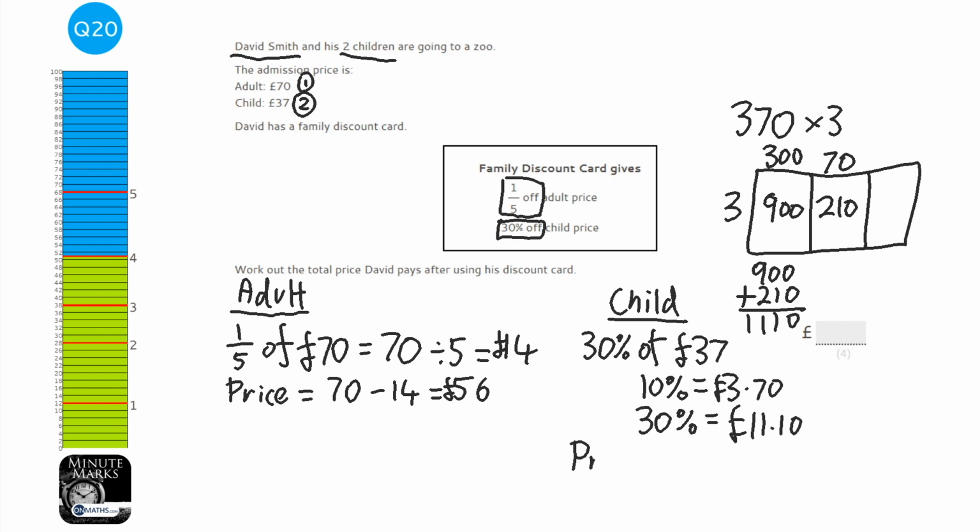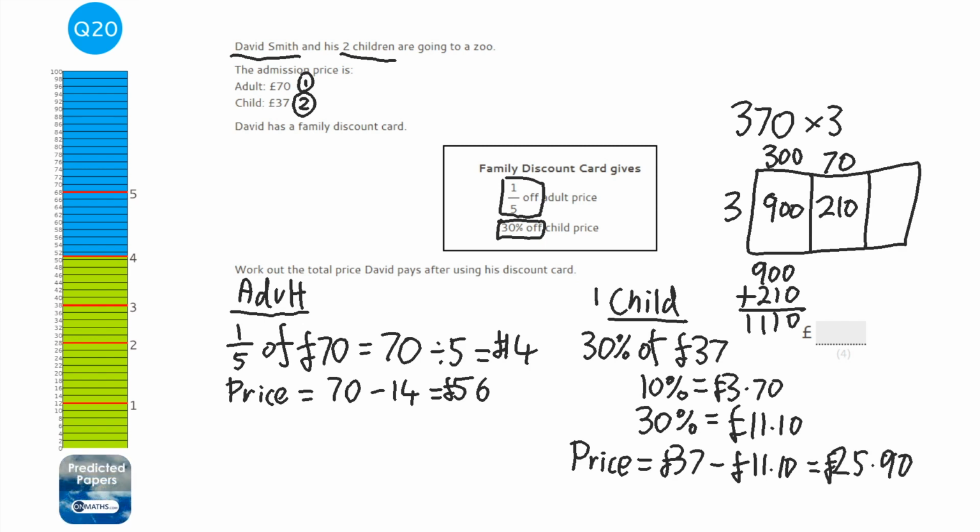And so we want to work out the price. So it's going to be £37, take away £11.10. So if you take away 10, it's 27, take away 1 is 26, take away 10 is £25.90. Now that's for one child, so that's one child.